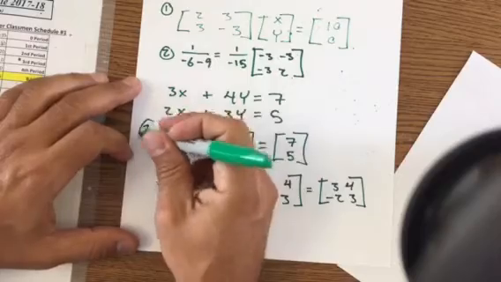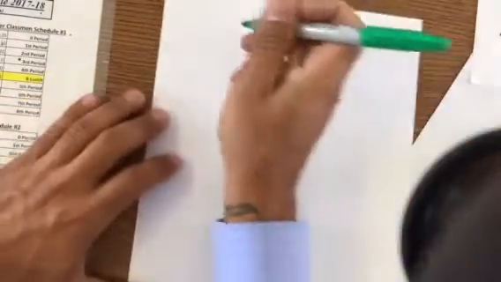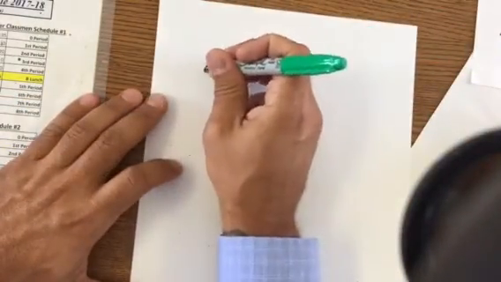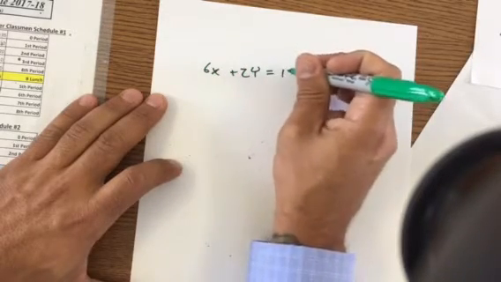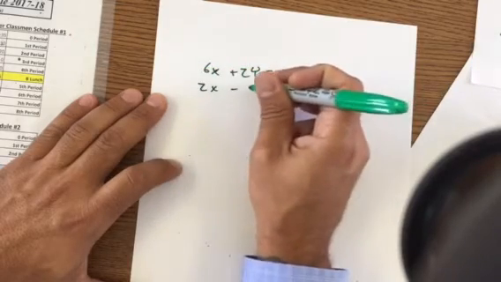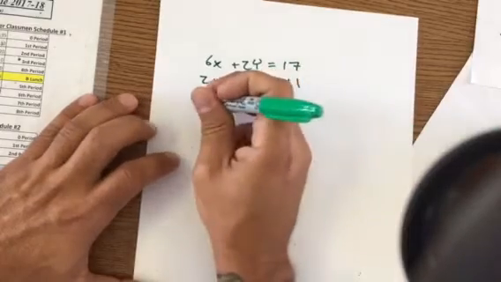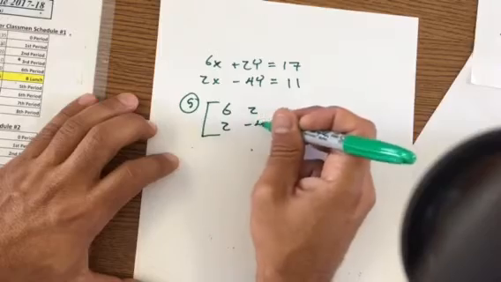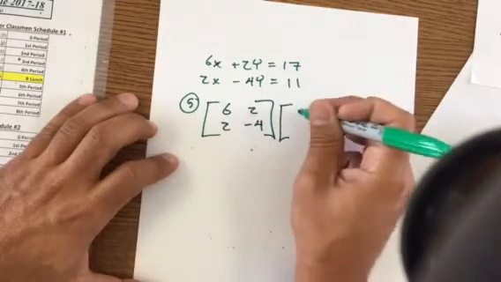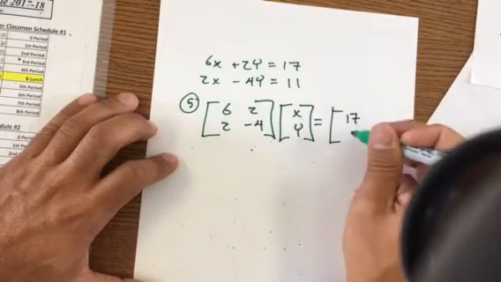So this was number 3, number 4. Matrix equation, we're going to put the coefficients, variables, equals, solution.